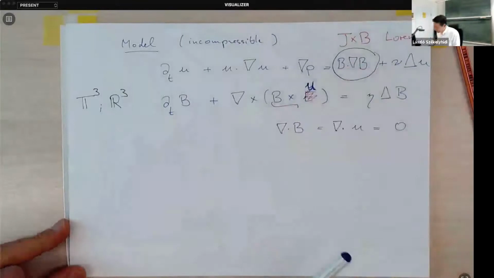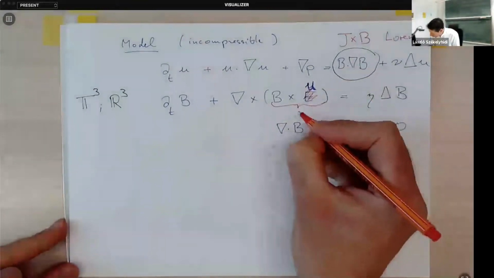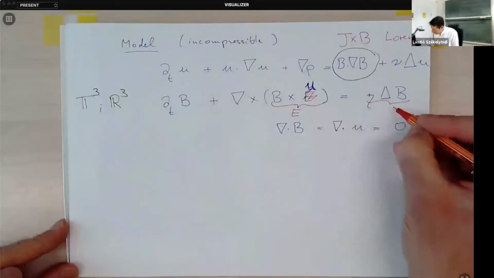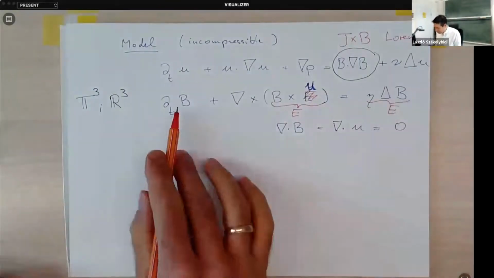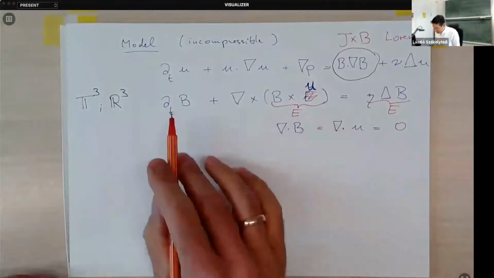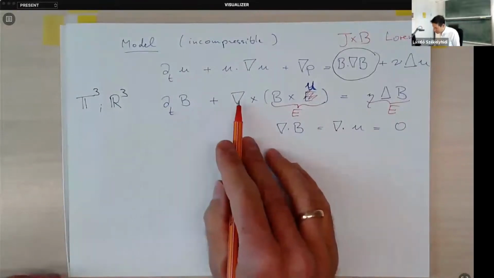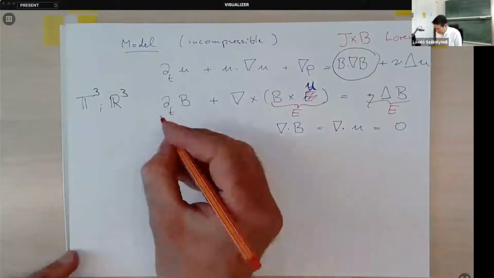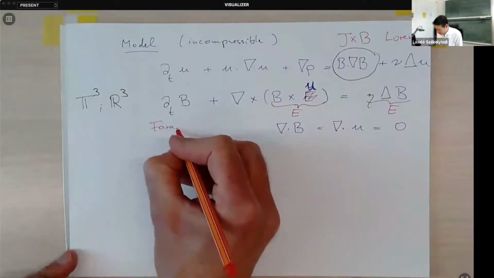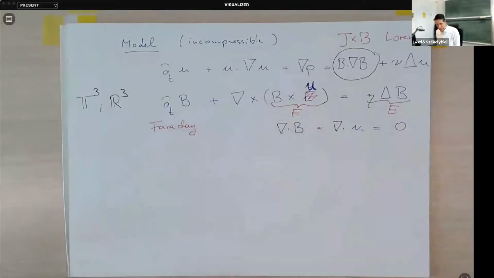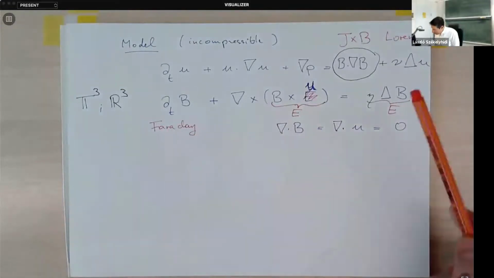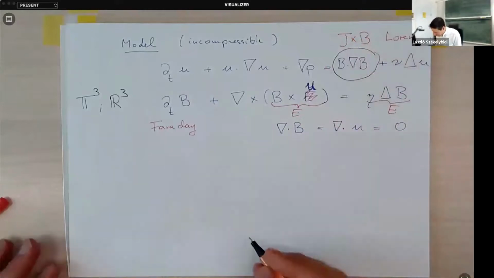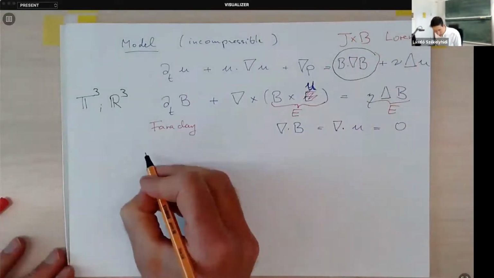It's the velocity U, and so B cross U is part of E, and this eta Laplacian of B is also part of E. So this system is then dtB plus curl of E is equal to 0, and that's just the Faraday system, part of the Maxwell system. And the coupling to this J and E is two more laws from magnetodynamics.